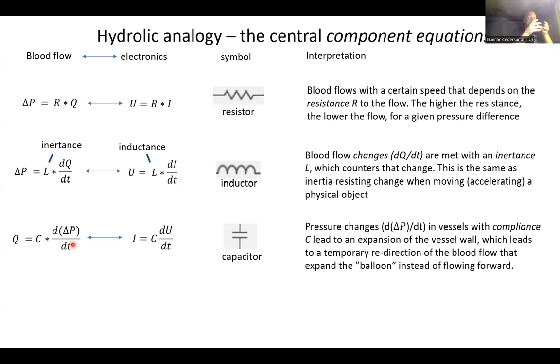And this is again a temporary local flow, which is just the expansion of the blood vessel. So this is analogous to storing more charge in the capacitor, doing this ballooning effect.